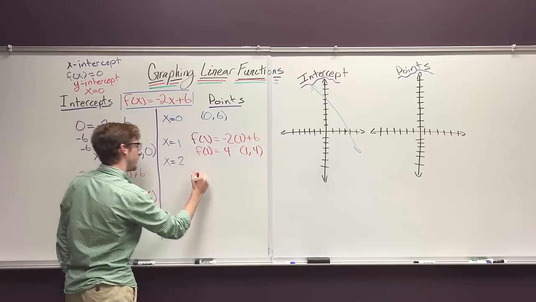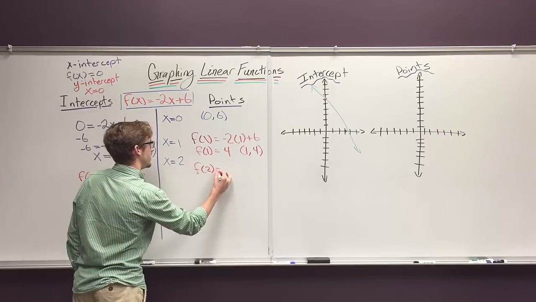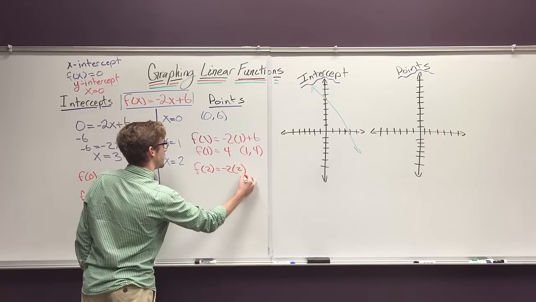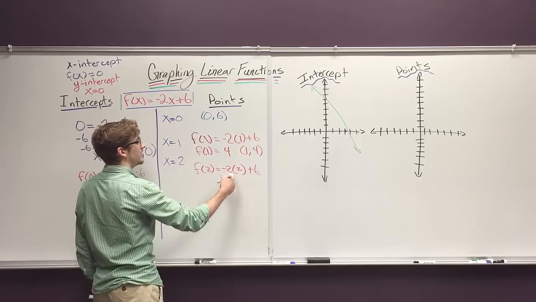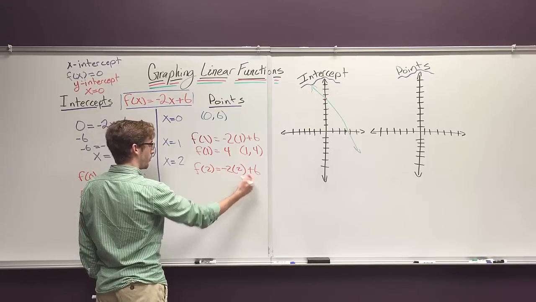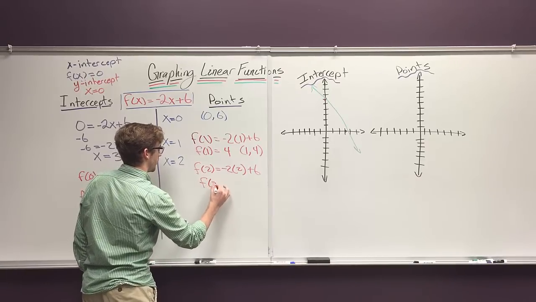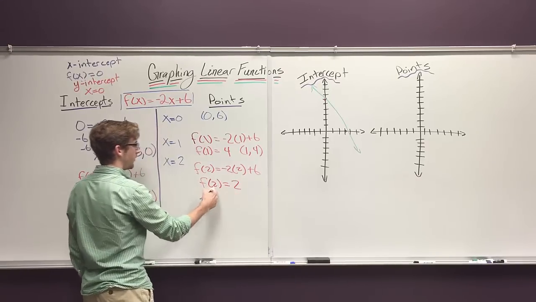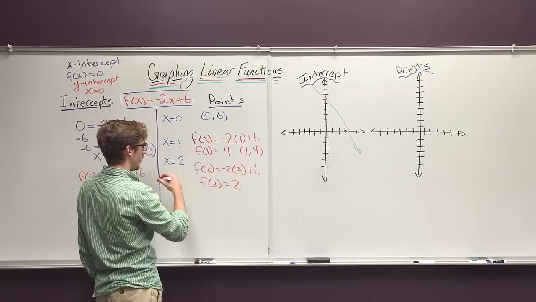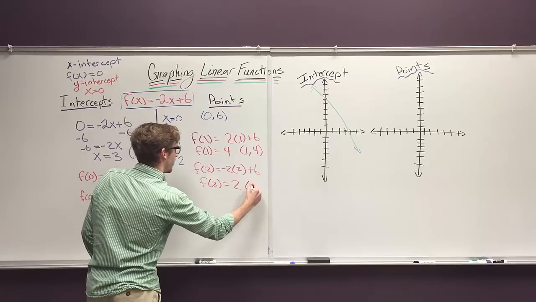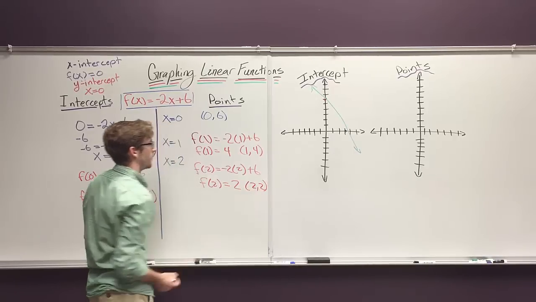For 2, we do the same thing. f of 2 is equal to negative 2 times 2 plus 6. Negative 2 times 2 is negative 4, and negative 4 plus 6 is 2. So f of 2 is 2, and the corresponding ordered pair would be (2, 2).